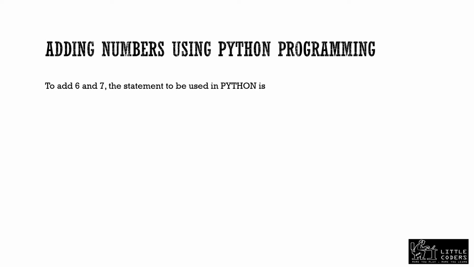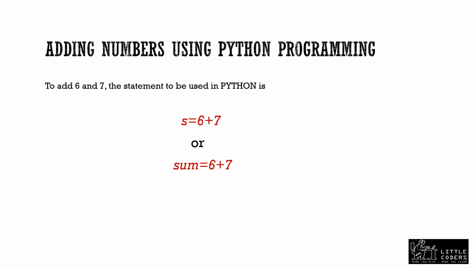Suppose you want to add 6 and 7, the statement to be used in Python is s is equal to 6 plus 7, or sum is equal to 6 plus 7. Here s is called a variable and it is equated to 6 plus 7.